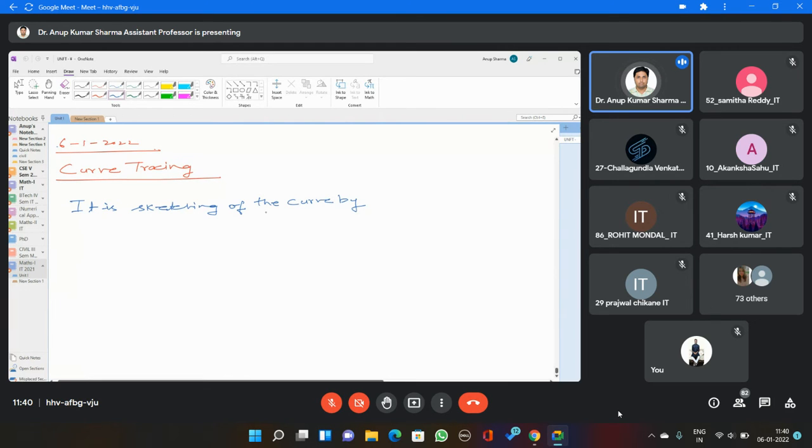So it is sketching of the curve by understanding different characteristics.